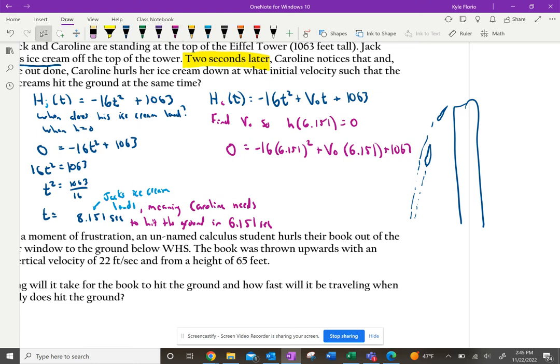Okay. And so this is the variable that we're trying to solve for. And this is just a linear equation. Simplify this, add it to the other side, divide, simplify this, or combine like terms. The numbers are nasty, but solving from here should be pretty straightforward. And so then we get the initial velocity is approximately negative 74.401 feet per second.